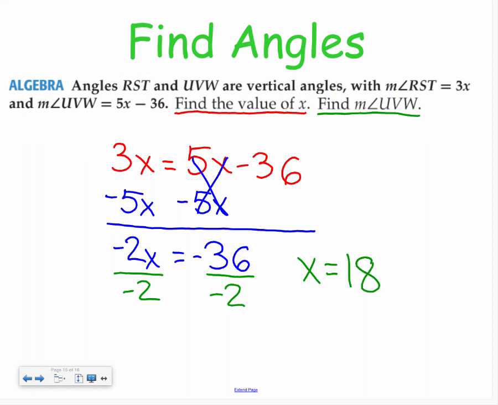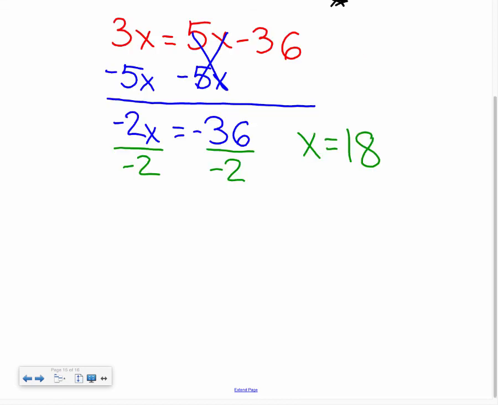Again, have I solved the problem? I solved half of it. It asked me to find the value of x. Now I need to go back and solve for UVW. So I need to go back and plug into my original equation, which was 5x minus 36.